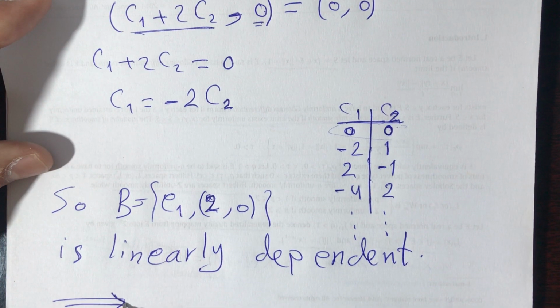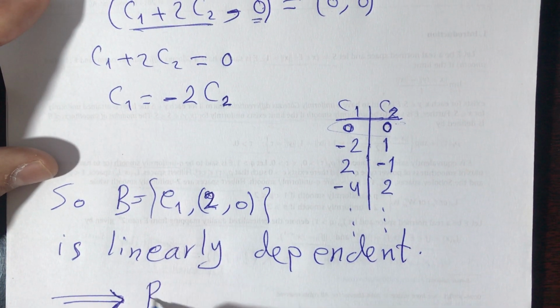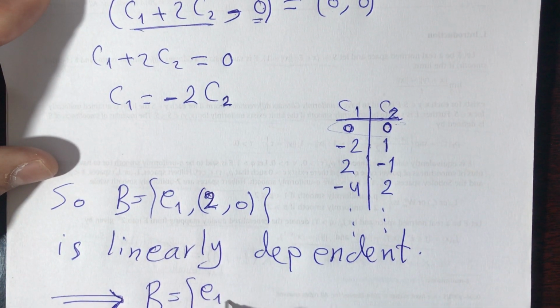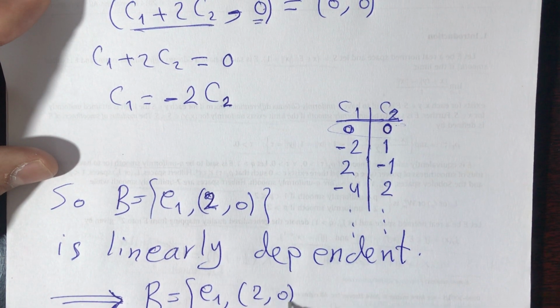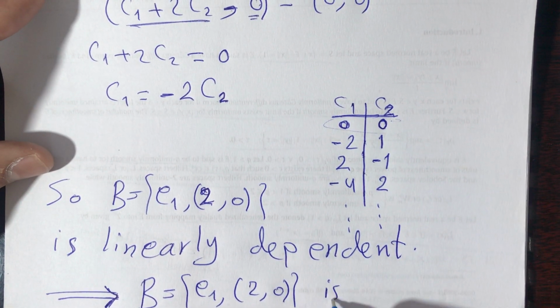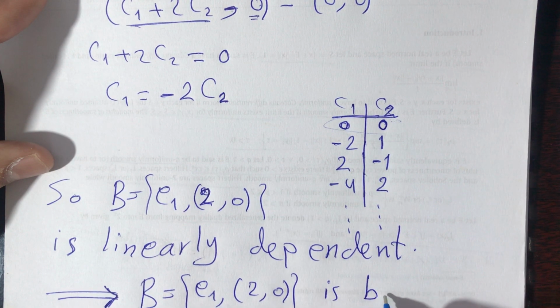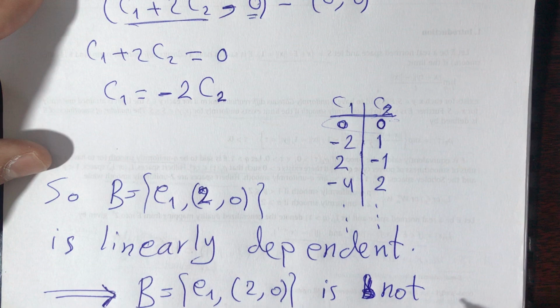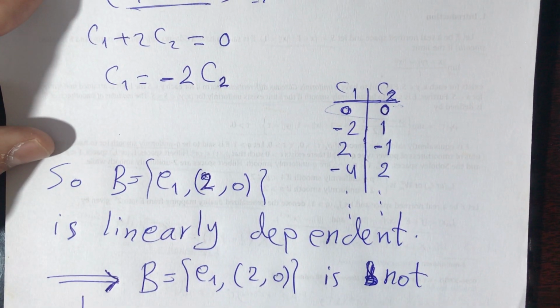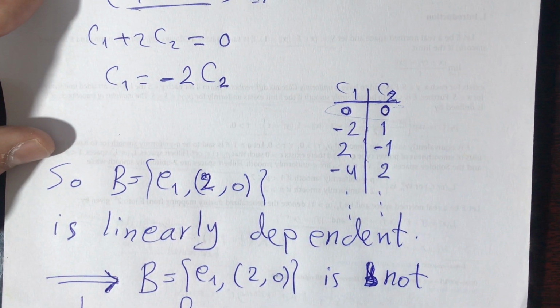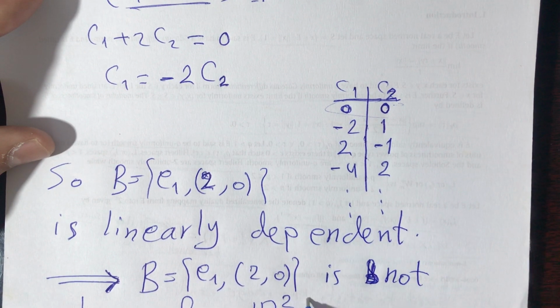This implies B is equal to E1 and 2, 0 is not a basis for R2 times 1.